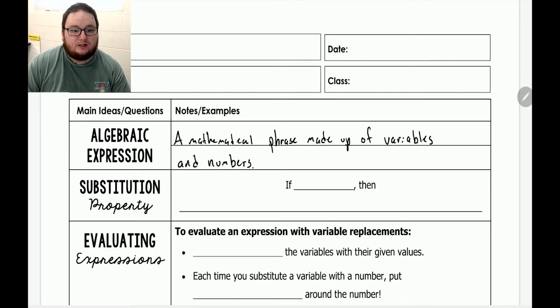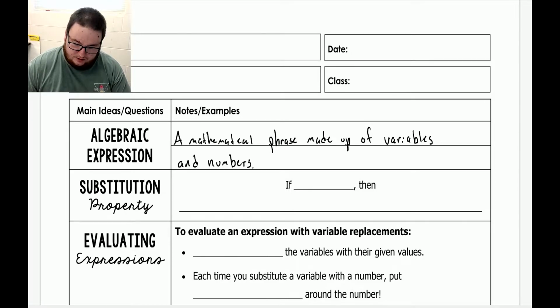And a variable is basically the letters that you see in some of the math problems. So like if you see a plus 3 equals 5, whatever, a would be the variable.